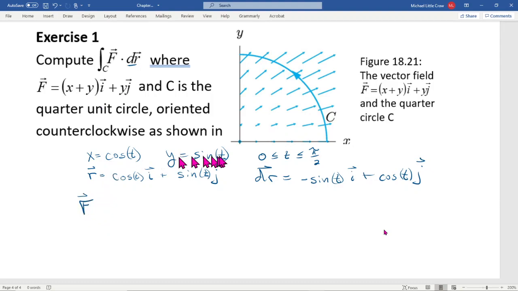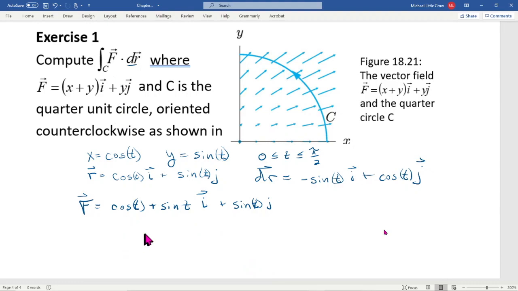Our function, x plus y i, we're going to use our parameterized cosine t. So F is now going to become equal to x, which is cosine t, plus y, which is sine t, and that's the i vector, plus just the y times j, which will be sine of t, j.